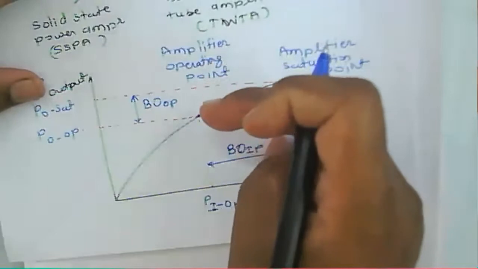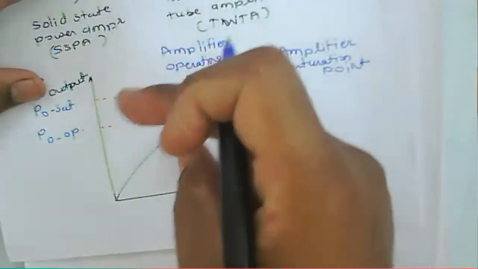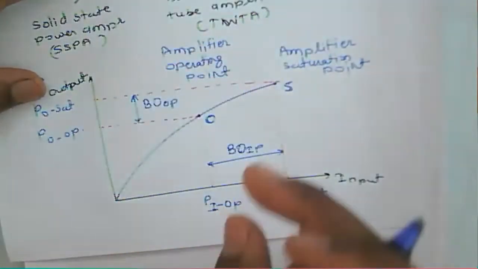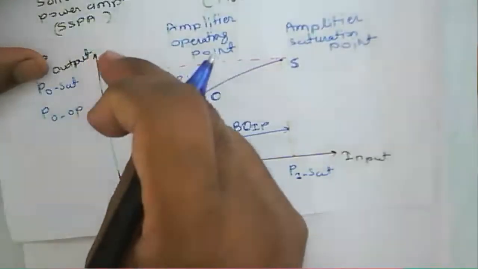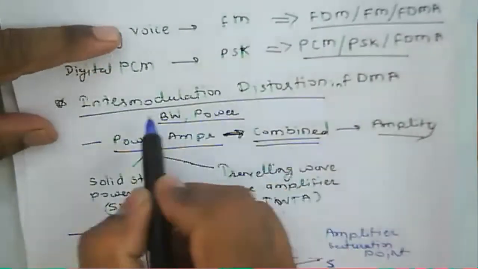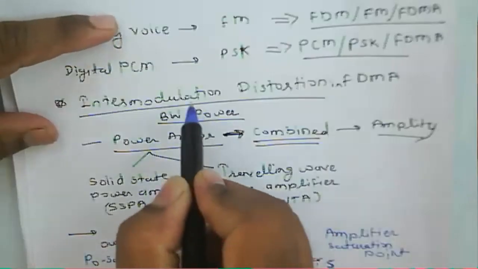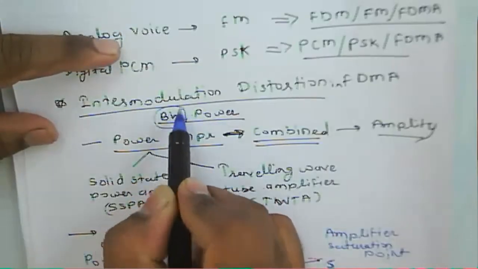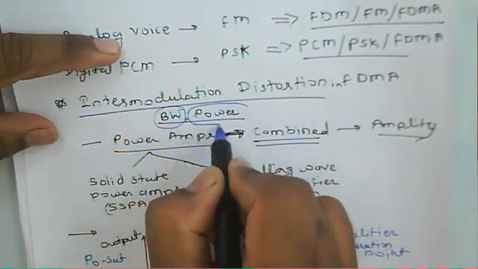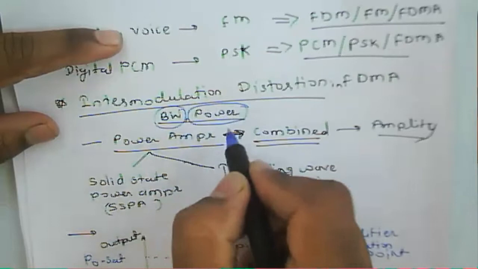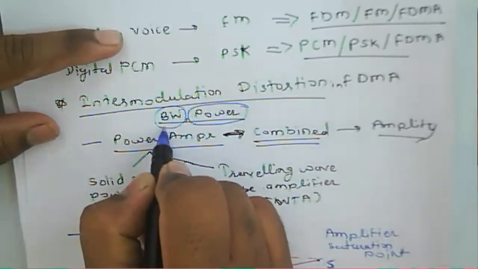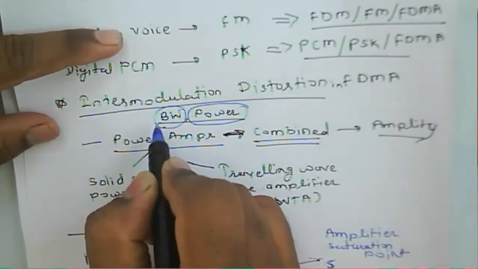So we can say that a power limitation reduces the usable bandwidth in the FDMA system. Okay, power limitations are there. Earlier, when we started with the FDMA system, we said there are limitations of bandwidth and limitations of power. So power limitation reduces the usable bandwidth in the FDMA.